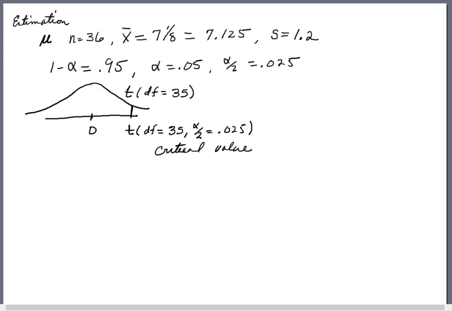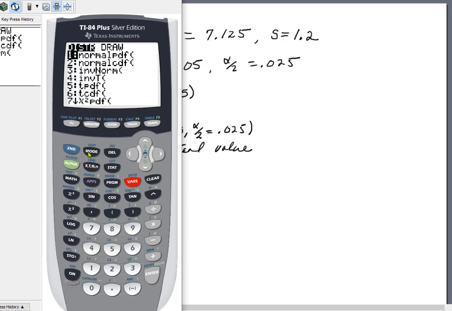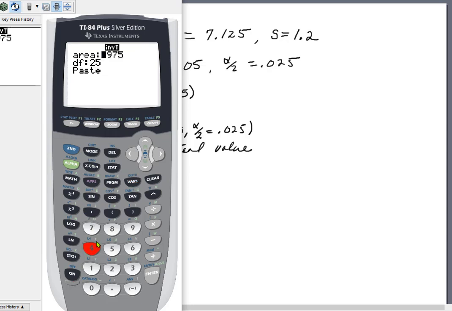And so how are we going to get that? Why don't we use our graphing calculator? Got to find our graphing calculator and then we can use it. So here's our graphing calculator. Distribution, so we'll say second distribution. We want the inverse t because we want to find a critical value, so it's 4. The area to the left is .975. The degrees of freedom, well, we said we've got a sample of size 36, so our degrees of freedom would be 35.